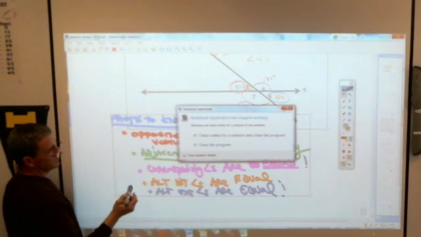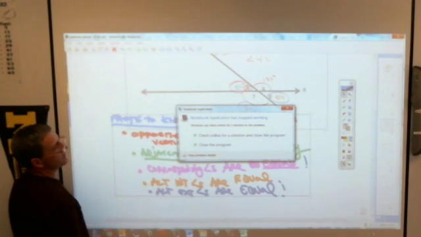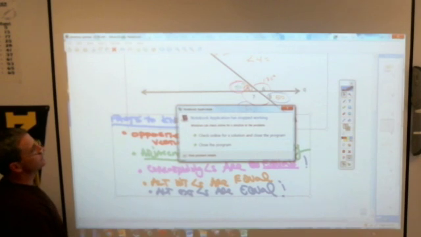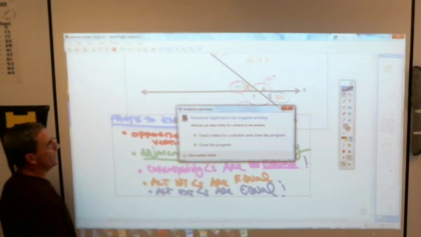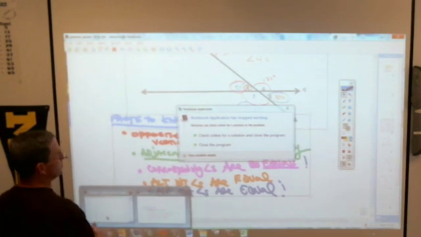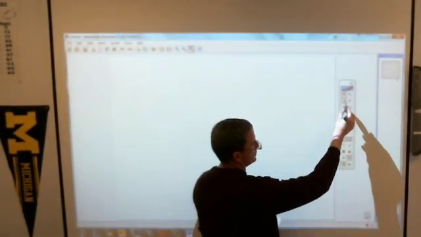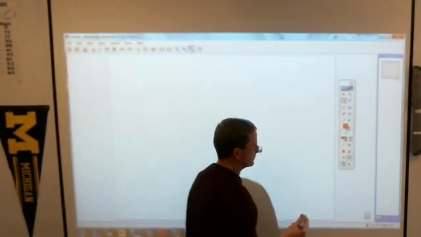Ready? Write this down in as big of letters as you can find room to write.